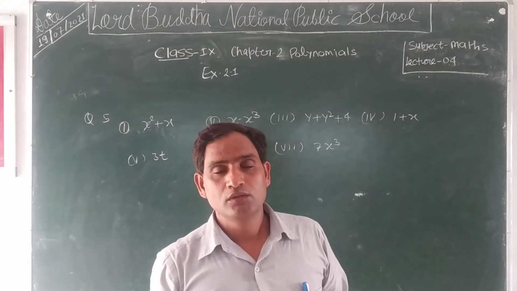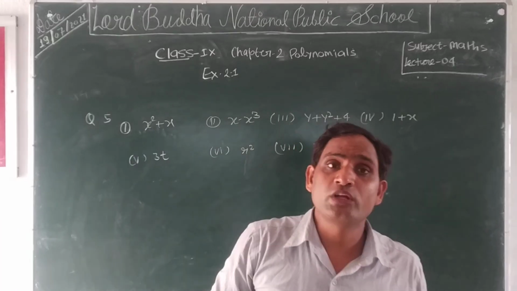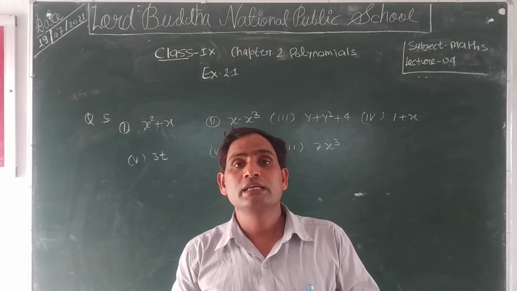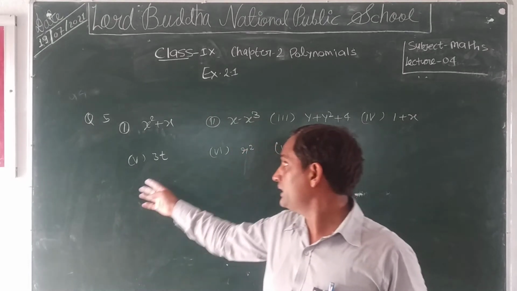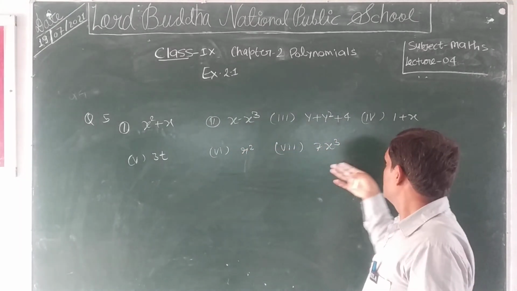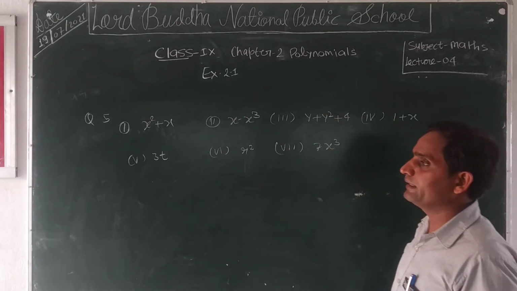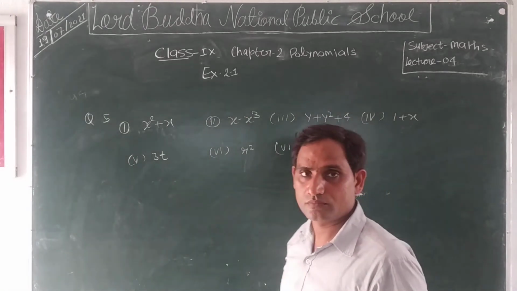Clear? As we know, the degree of a linear polynomial is 1, means the highest power of variable will be 1, because all these polynomials are in one variable. Clear?